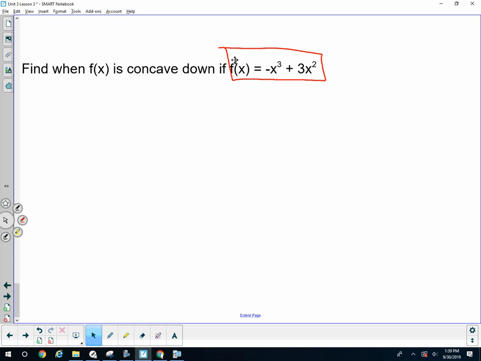You're already given the first derivative. You would just take the derivative once to get the second derivative. Do your sign analysis from there. We can quickly do this, but mostly the importance of this example is understanding if you're just given f prime, you don't have to take the derivative twice, just once.